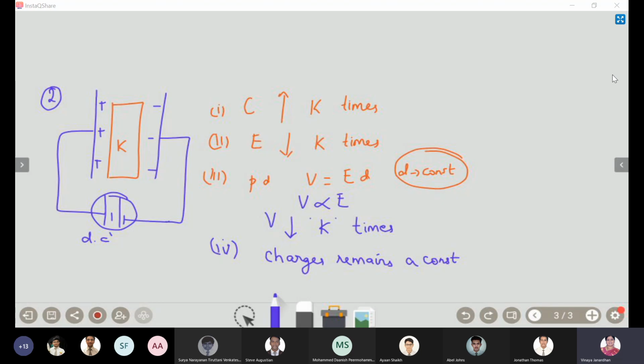If it is in the process of charging, fine. Once it is completely charged, the charge remains a constant. So you have to be a little bit careful in writing. You can write: once the capacitor is completely charged.